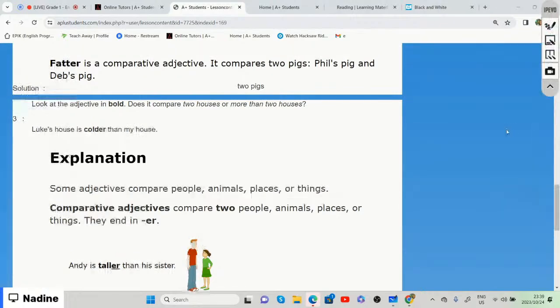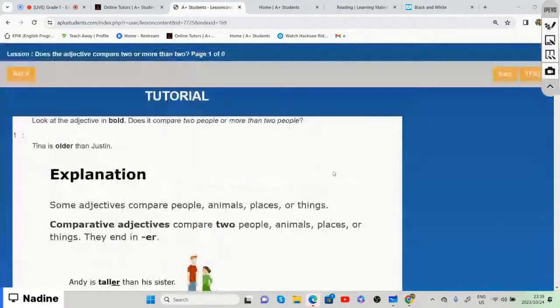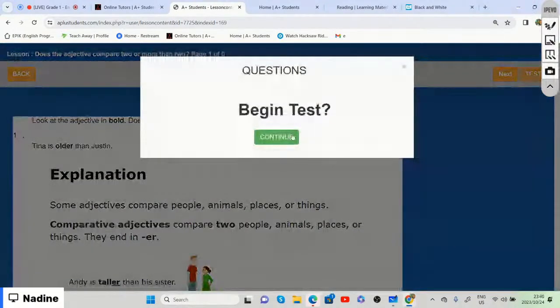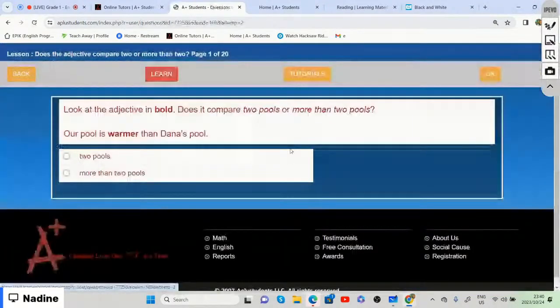All right. Now we're going on to our test. Does the adjective compare two or more than two? We need to look at the adjective in bold. Does it compare two pools or does it compare more than two pools?